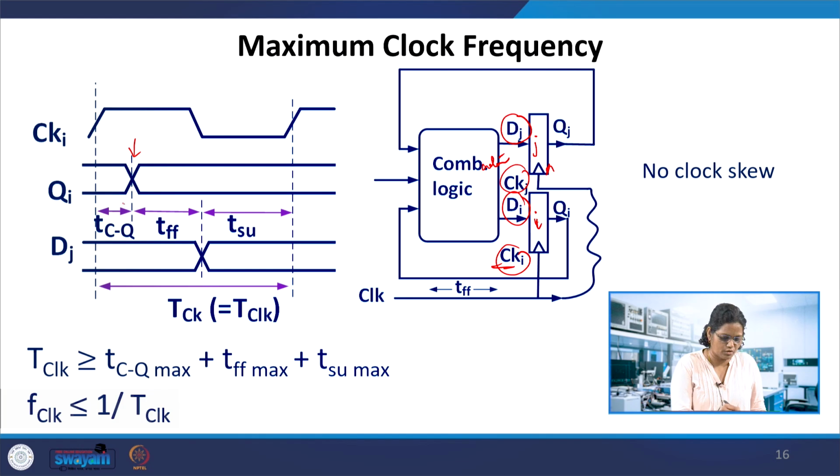So, that is the clock to Q delay of this, which is known, from here to here. Then this output is reflected in the input of the Dj, which is the flip flop to flip flop delay again. And then after coming here, there is a setup time involved for this flip flop as well.